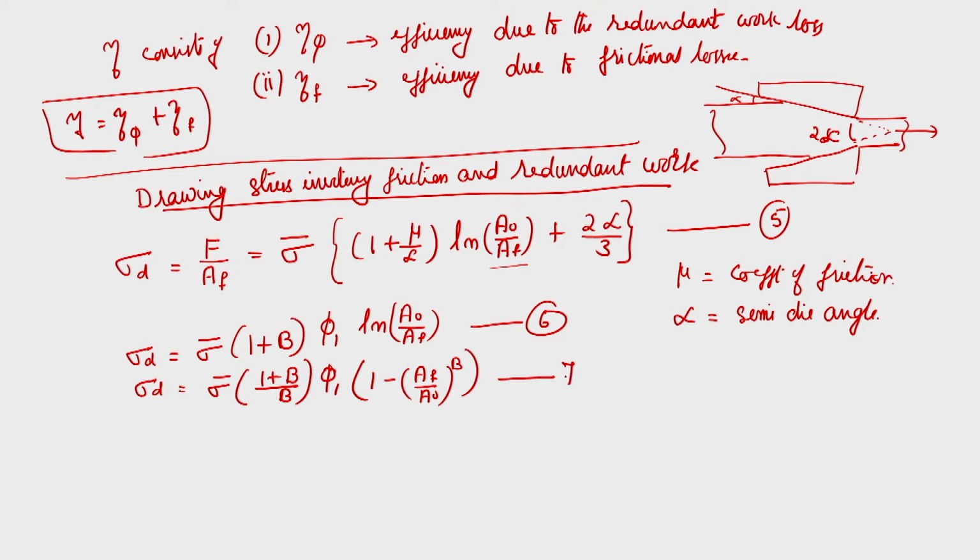So, this is expression 7, where b is equal to mu cot alpha. Mu is the coefficient of friction and alpha is the semi-die angle, okay.